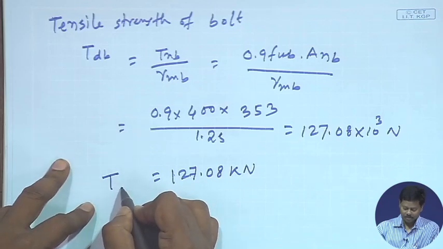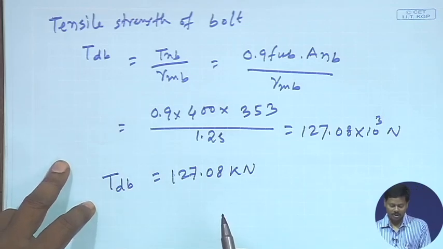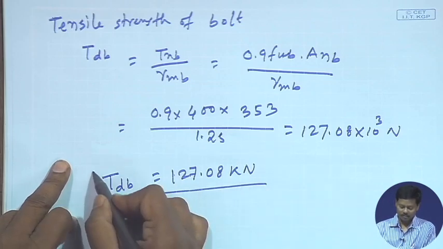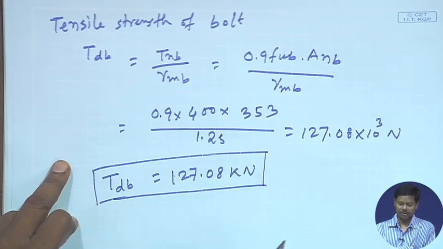So, the TDB value, the design tensile strength of bolt, we can find out as 127.08 kilonewton.